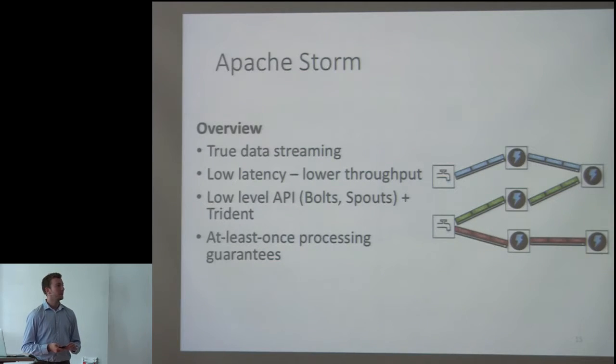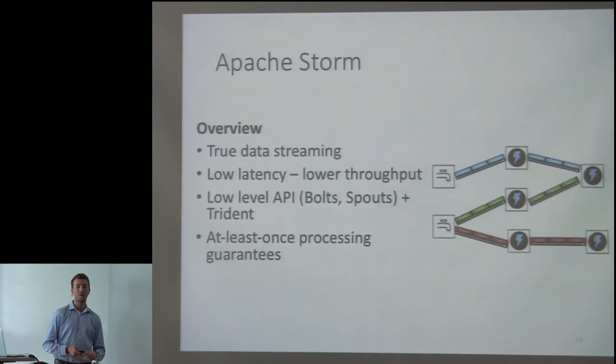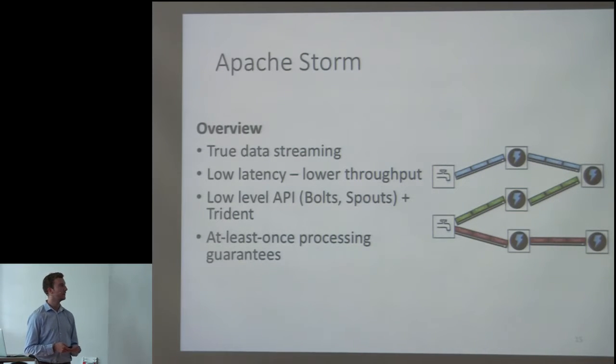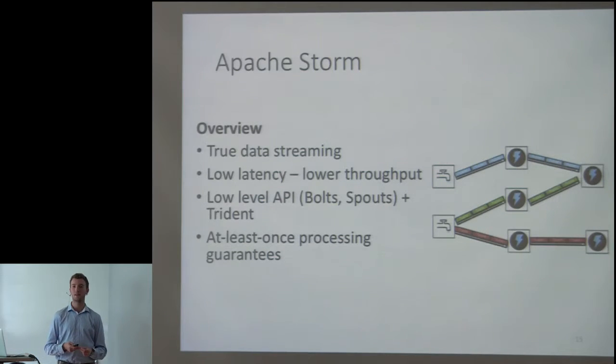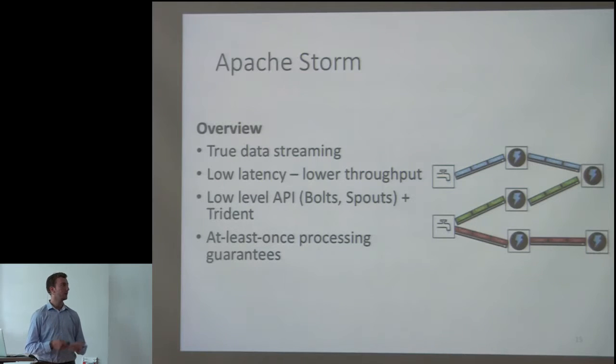So Apache Storm is what usually comes into people's minds when they talk about distributed stream processing in the Apache world. This was practically the first distributed stream processing system that became widely adopted. It provides a true data streaming model. That means that we assemble this graph of computations, and records flow through this graph and are processed element by element.